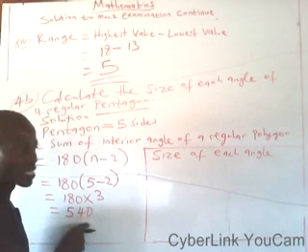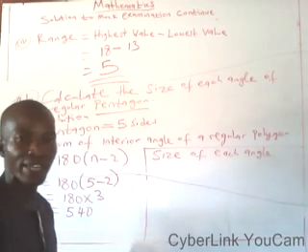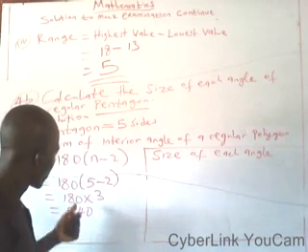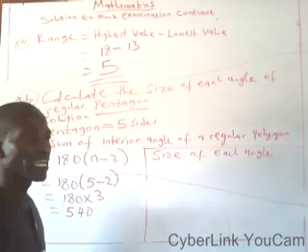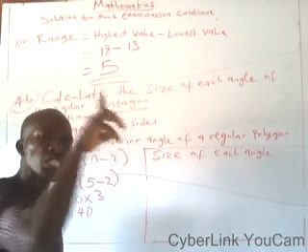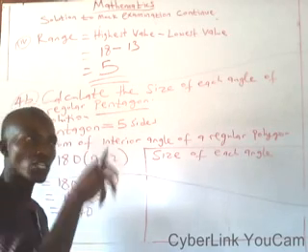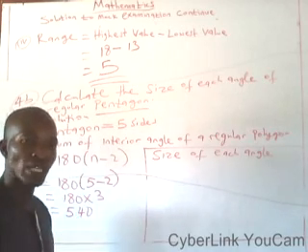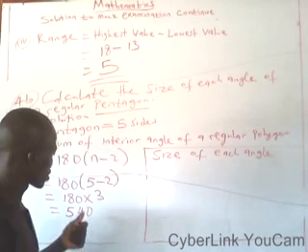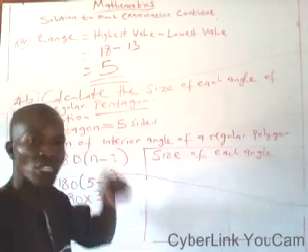Get the interpretation right. If the addition of 5 different angles gives us 540, then what is the value for each of the angles?